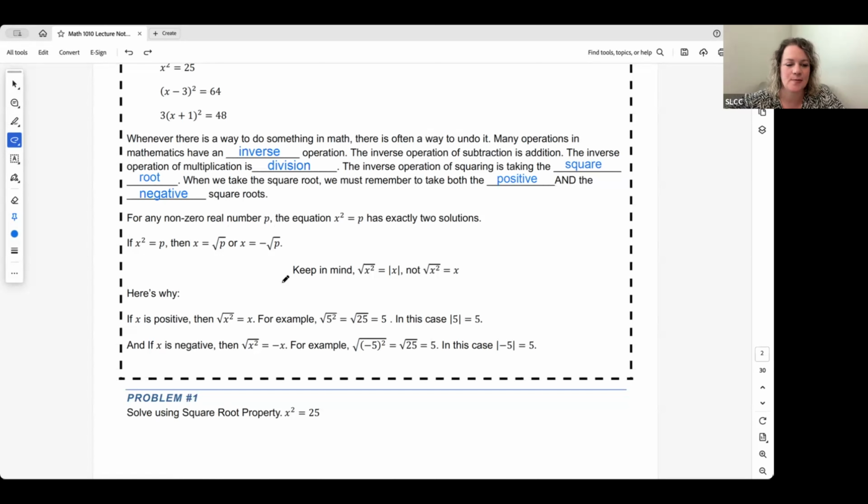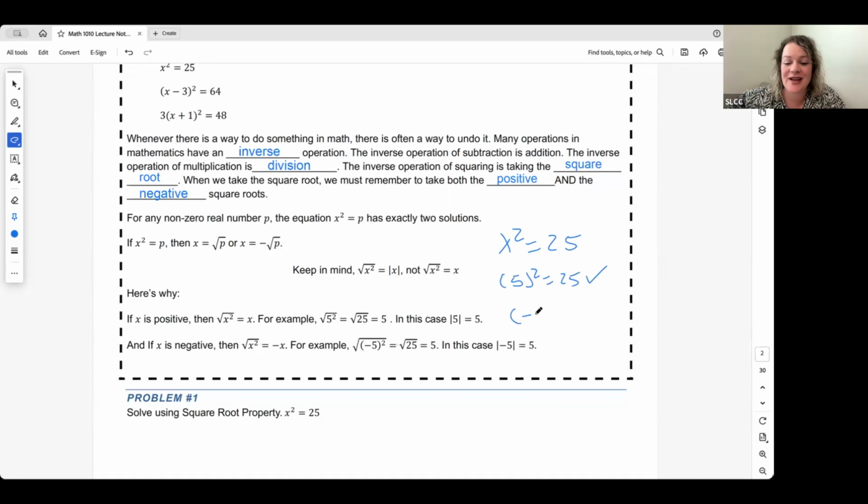Why is that? Why do we have to say plus or minus? The whole idea here is that anytime I say x squared equals 25, what am I asking? I'm asking you to solve for x. What x value can you plug in to make this statement true? And the answer is, I could plug in 5, and that makes this a true statement.